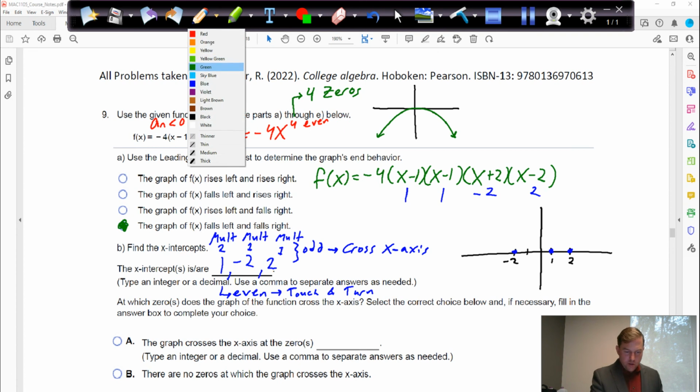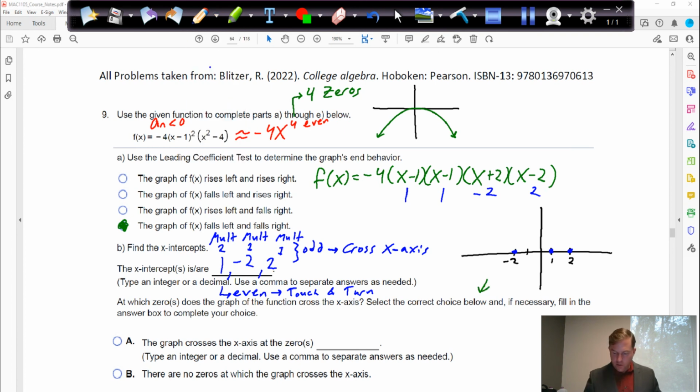So it should, let's put in the end behavior, it should fall to the left, fall to the right. In between, we know at minus 2, because it's multiplicity 1, it's going to cross. Then it's going to come up here and do something, but it has to come back down to get to the 1. At 1, it's multiplicity 2, so it's going to touch and turn, do something, but then it has to come back down through to cross the 2 and then meet up with its end behavior. So we know it's going to look something like that.